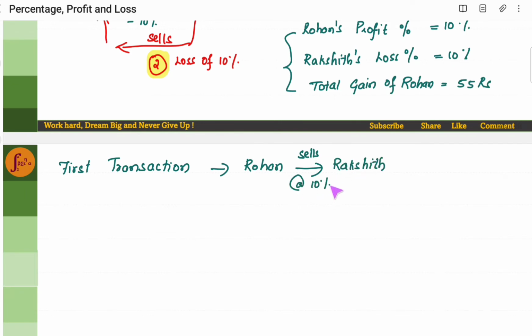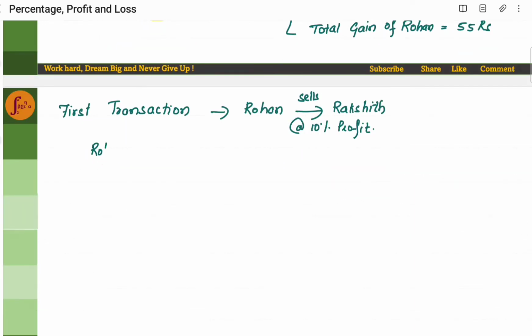at 10% profit. We have assumed that Rohan's buying price is X and profit percent is 10.